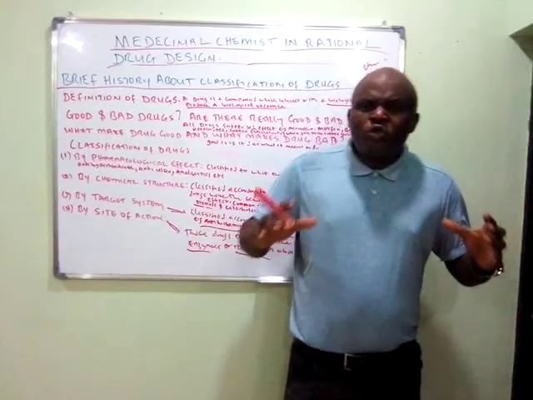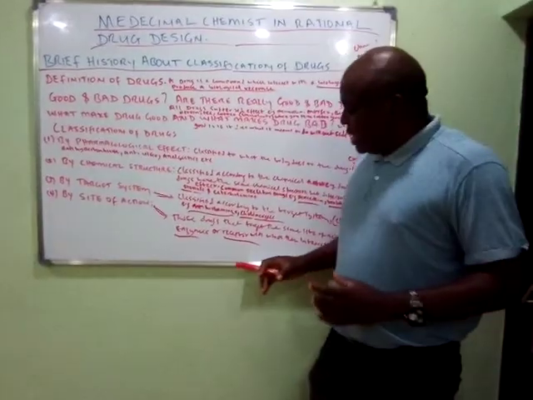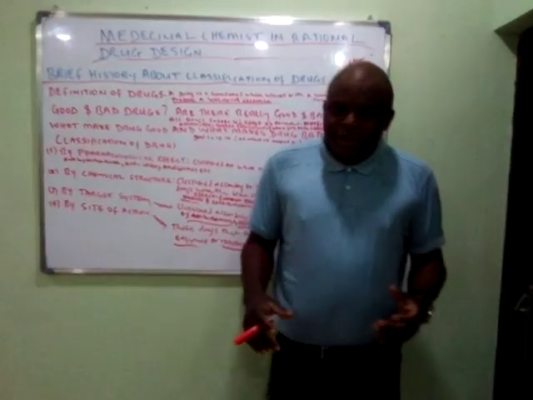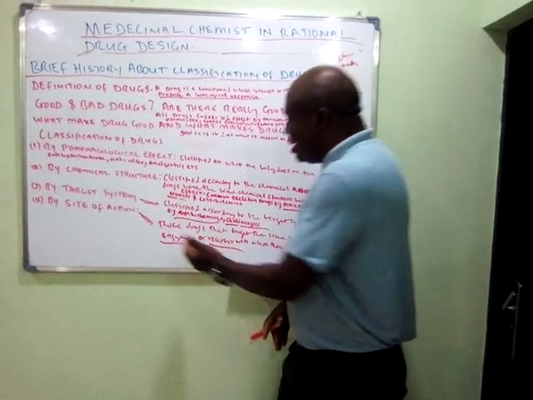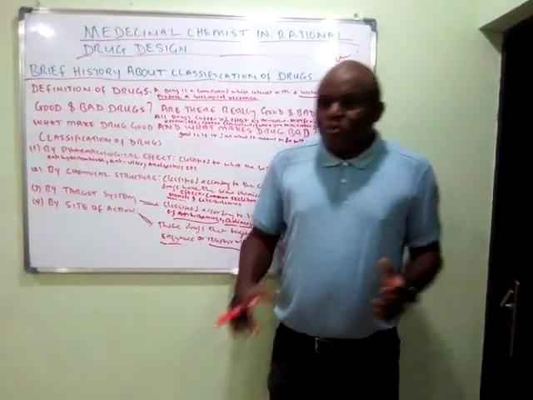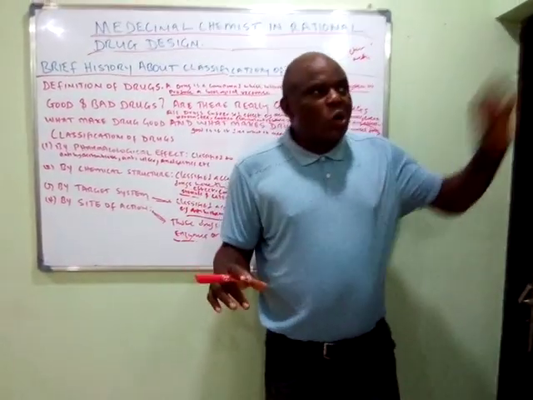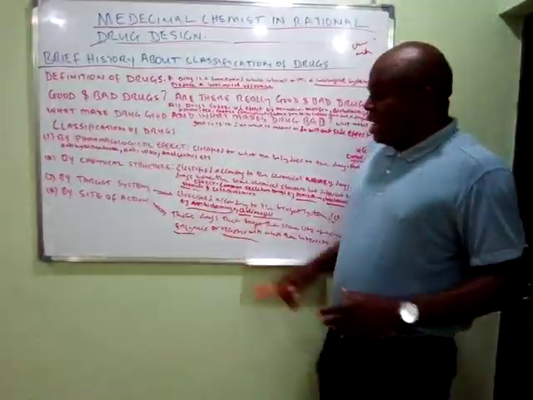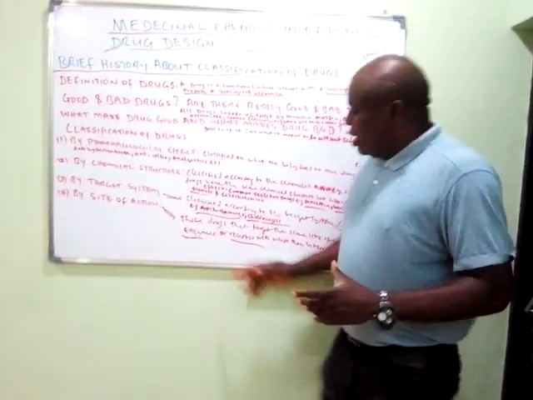There are some groups of drugs that target the enzymes, and some of them that target the receptor. Some group of drugs can produce an antihypertensive or anti-ulcer effect, but target the same enzyme or the same receptor. That is what I'm trying to explain to you.